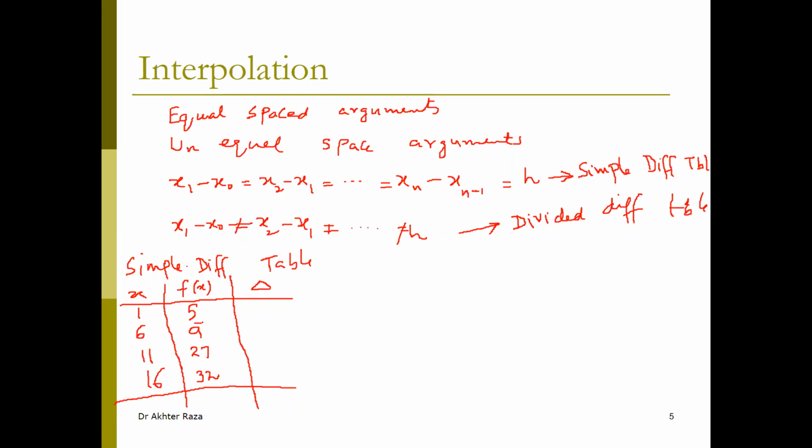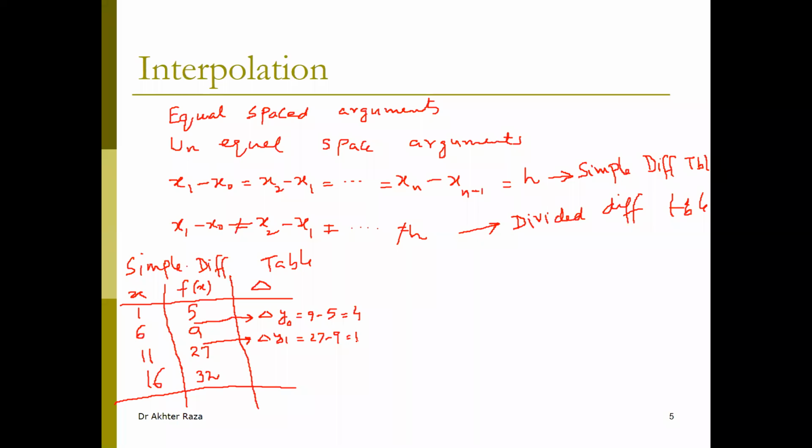Quite simple. This is represented by delta y naught, the first entry here. This is equal to 9 minus 5, which is 4. This is known as delta y1 because this is the second entry in the difference column. It can be calculated by 27 minus 9. How much is it?